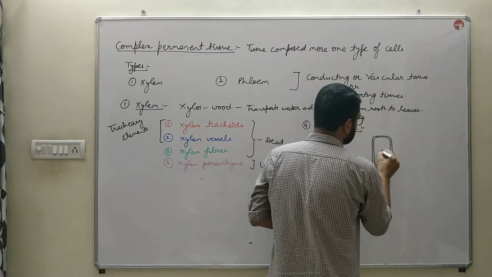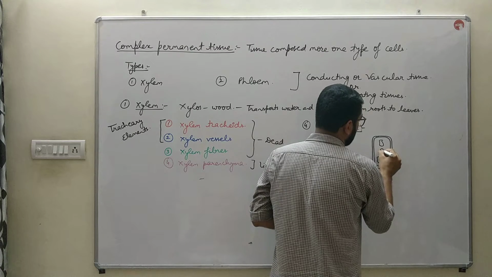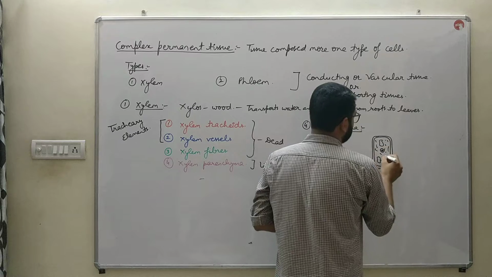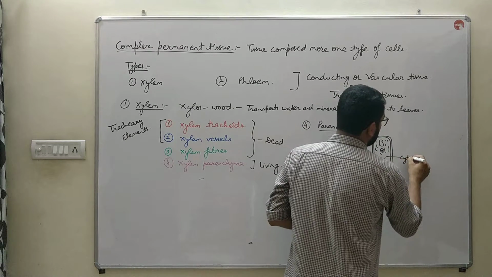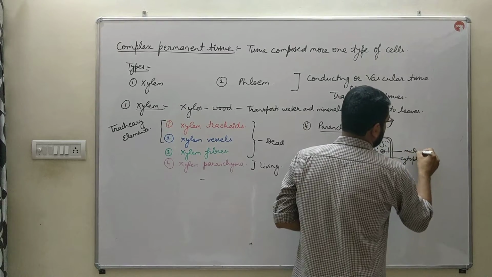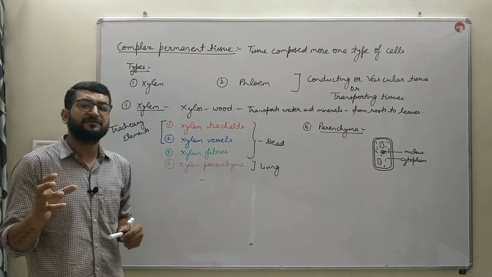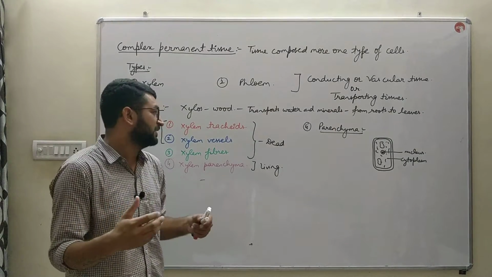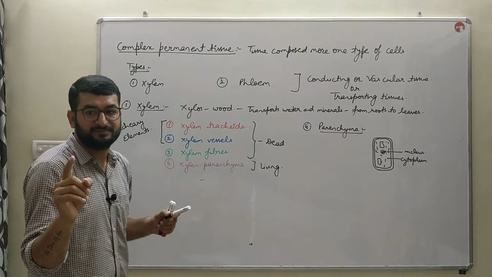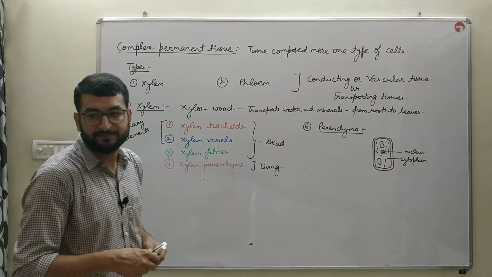Parenchyma possesses a vacuole, along with a prominent nucleus and cytoplasm, as usual. So this is xylem parenchyma, which performs the function of storage for the xylem tissues. It is the only living tissue of xylem. The other three are dead.